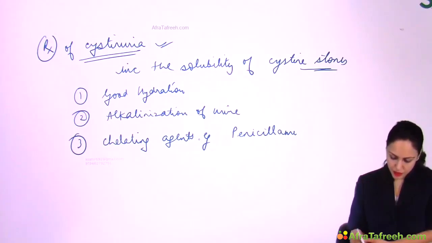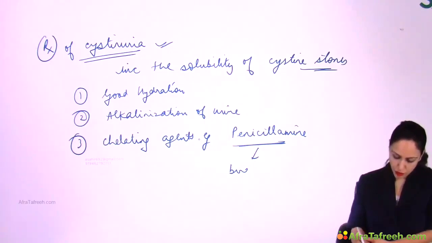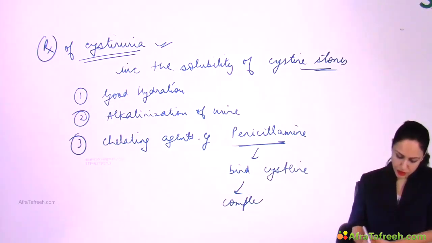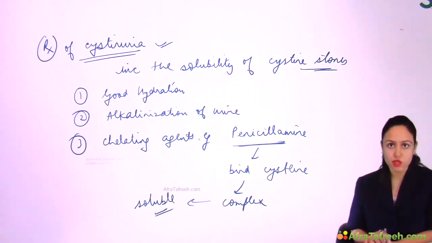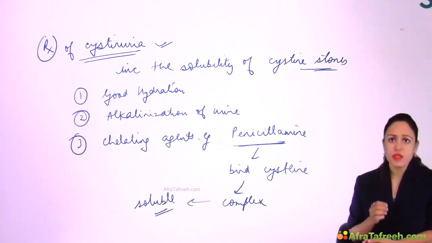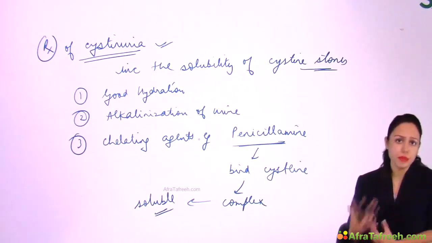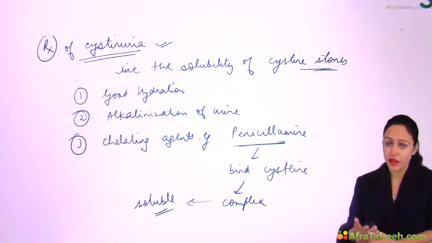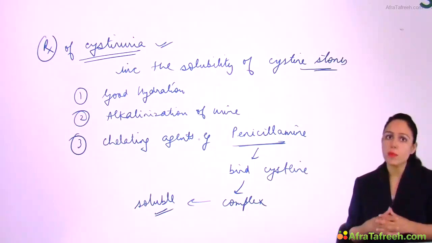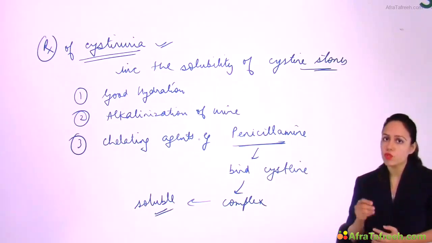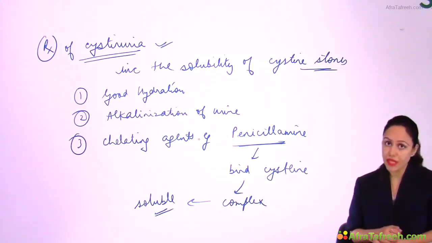This penicillamine will bind to cysteine and form a complex which is soluble in water and can be easily excreted through urine, right? Penicillamine is a chelating agent which will chelate many heavy metals like mercury, lead, iron, and will make a soluble complex which can be excreted through urine. So this kind of chelating agent, penicillamine, can be used here in cysteinuria, right?